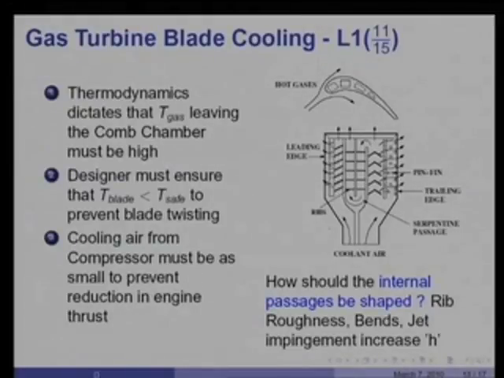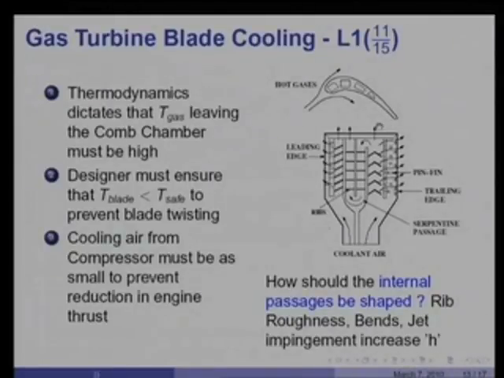These hot gases, however, flow over turbine blades, and the designer must ensure that the blade temperature anywhere in the blade will always be less than a safe temperature defined by the metallurgical limit in order to prevent melting, but also because some temperature gradients are inevitable inside the turbine blade.